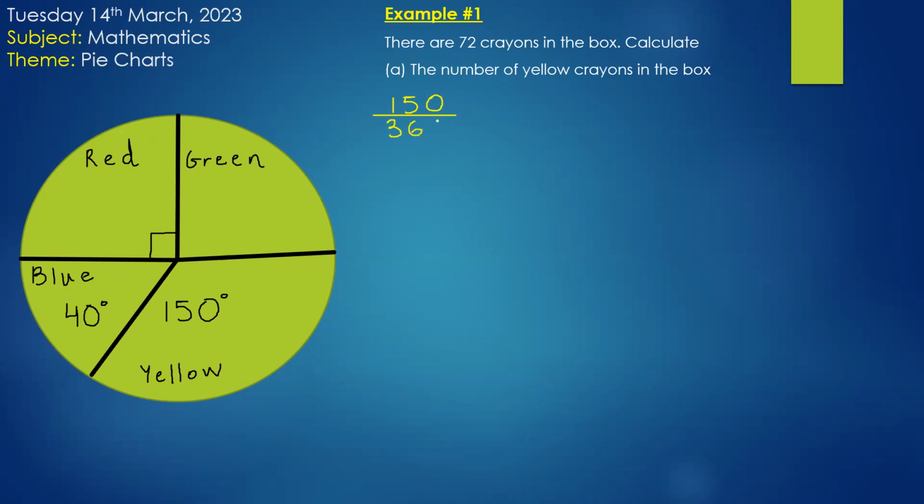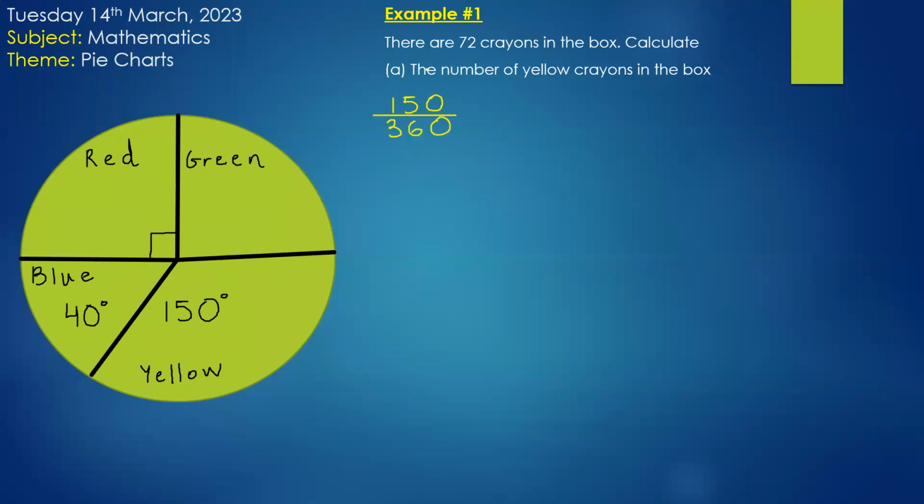Why are we using 360? Because the angles in this circle add up to 360. Very good. Why are we using 150? Because we're dealing with yellow. That's how much the yellow is. Very good. That's the amount of degrees for yellow.